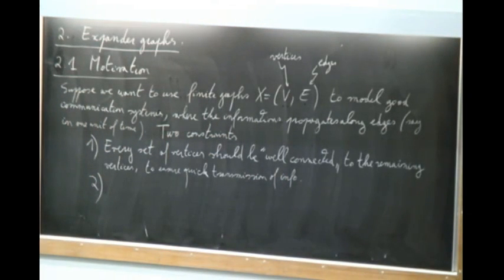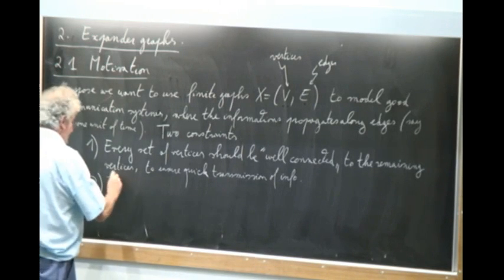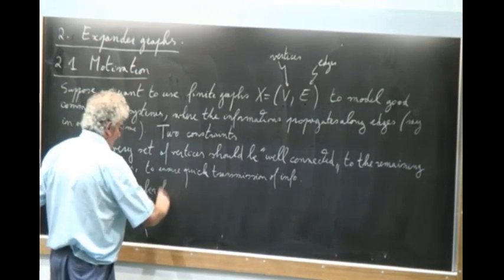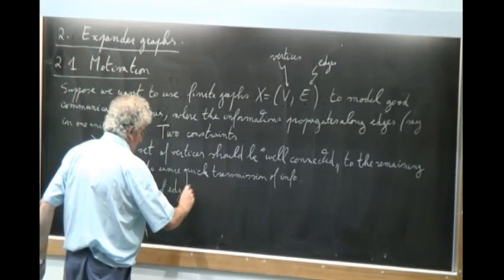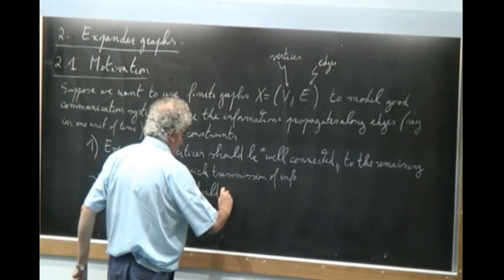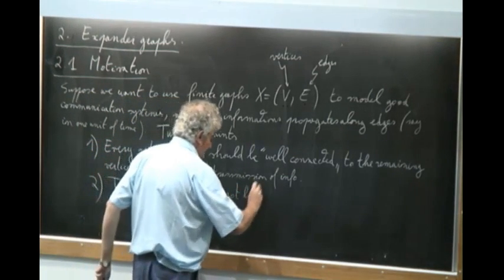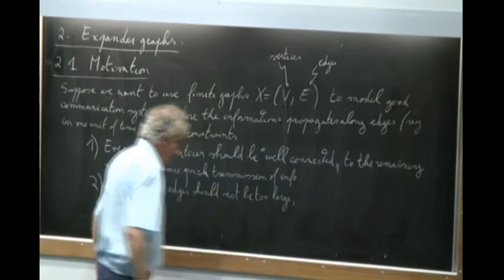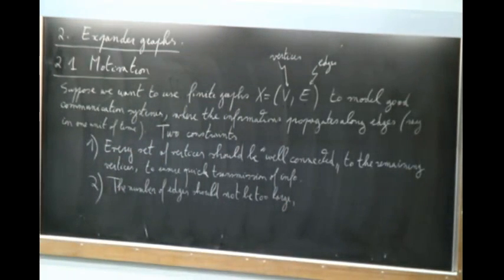And the second constraint is that the number of edges should not be too large. Because if you think in the past, the communication lines were made of copper wires.